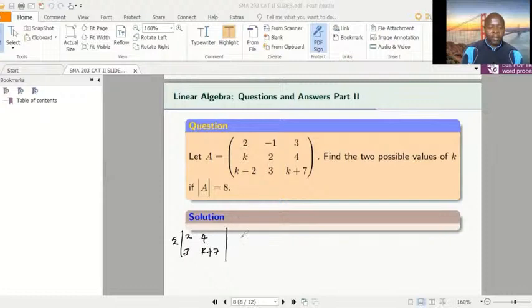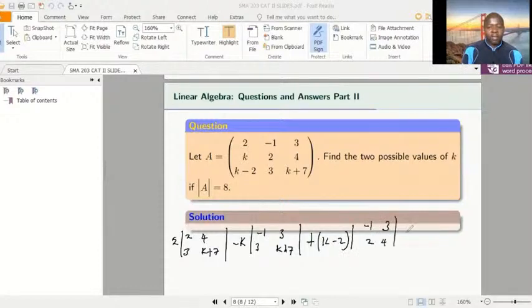Then minus K, delete the row of K and the column of K, and you have -1, 3, and then 3K plus 7, then plus K minus 2. Delete the row of K minus 2 and the column of K minus 2, you're left with negative 1, 3, and then 2.